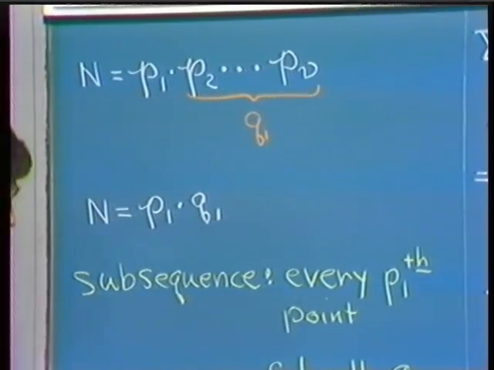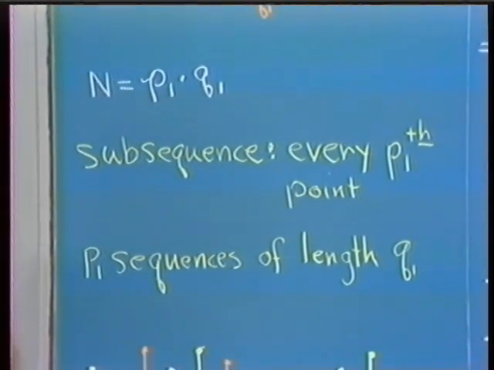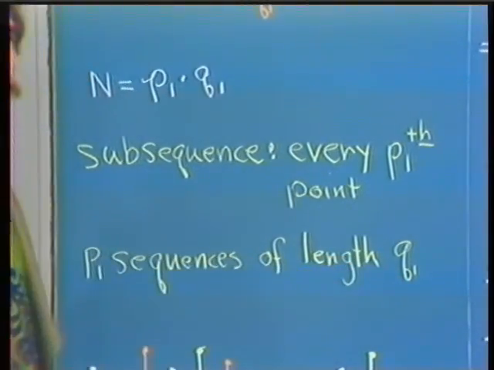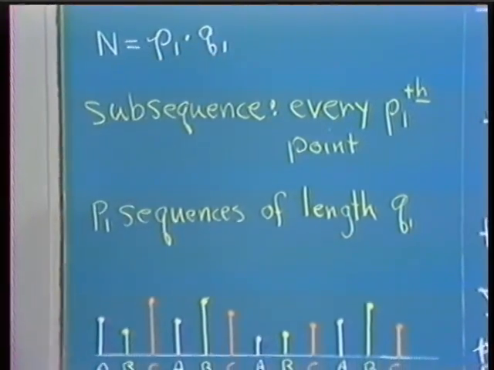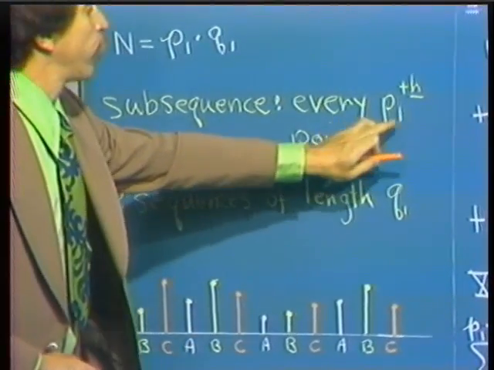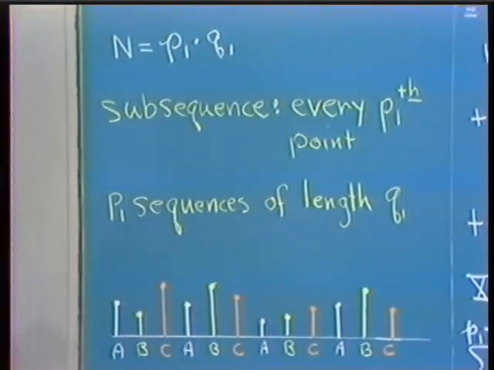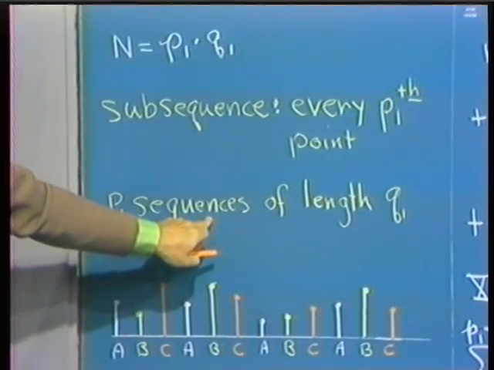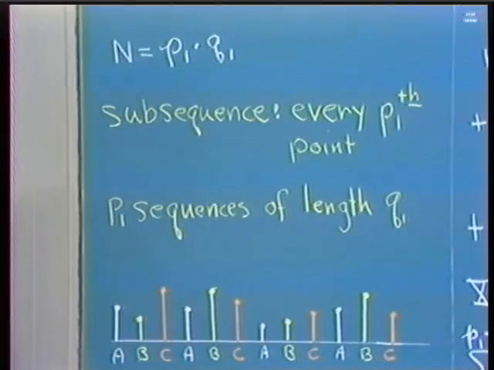So how many sequences are there? Well, there are p1 sequences, and the length of each sequence is q1. For example, if p1 was equal to 2 and q1 was n over 2, this would be every other point. That's choosing the even-numbered points and the odd-numbered points. There would be two subsequences, each subsequence of length n over 2.